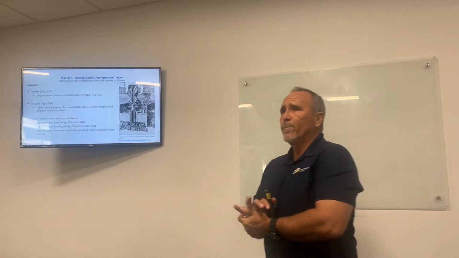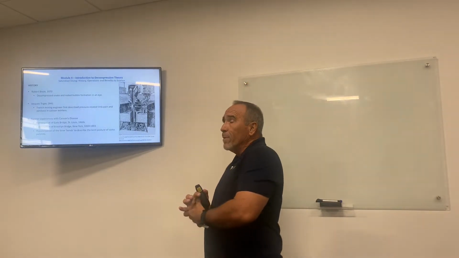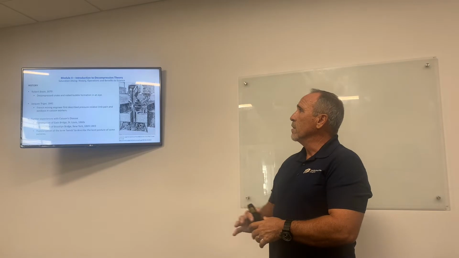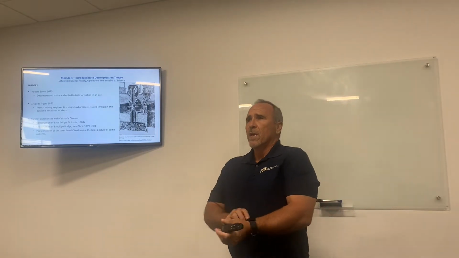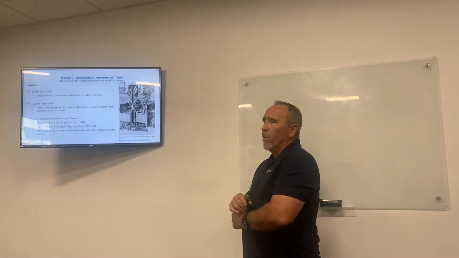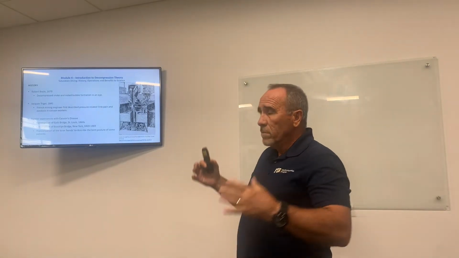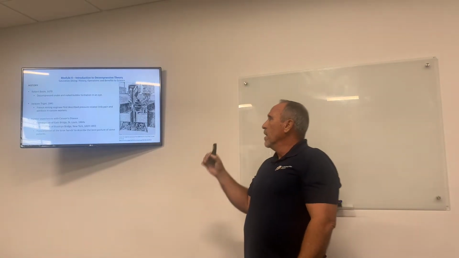So some important points in history that I believe are significant. You look at Robert Boyle, and I think if you think back to the physics topic that we talked about not too long ago, I'm pretty sure I mentioned Robert Boyle, but if not, Boyle's law, right?